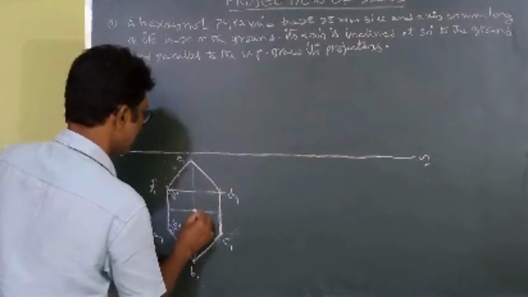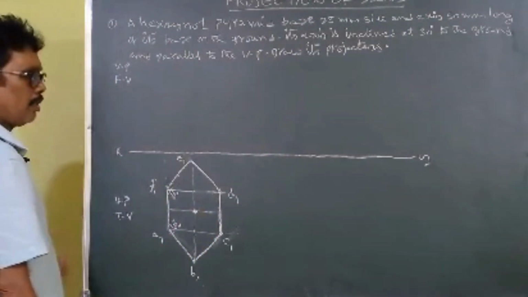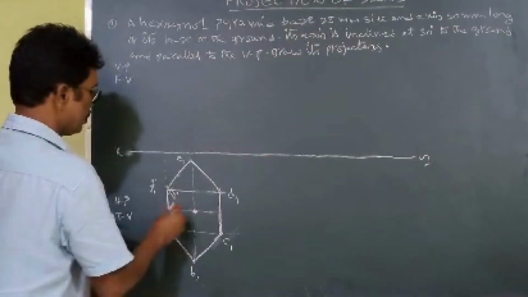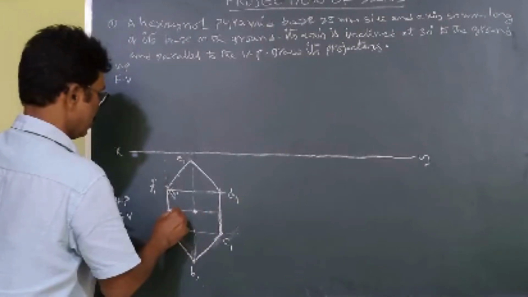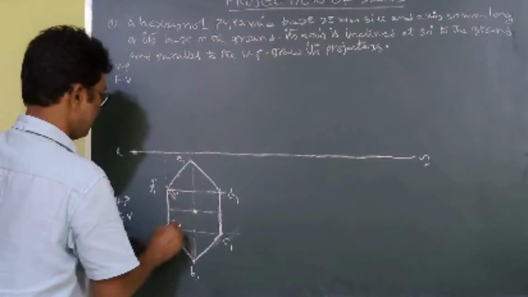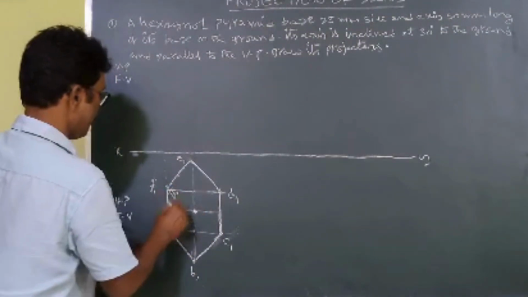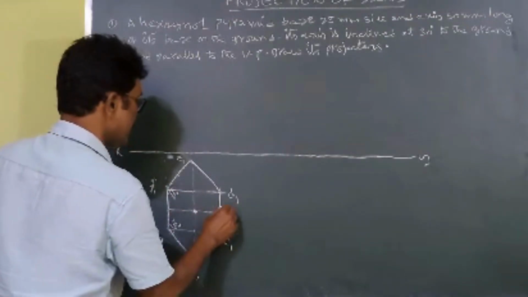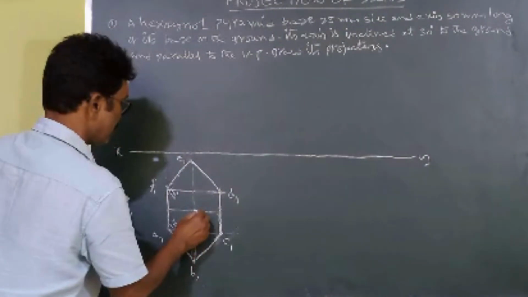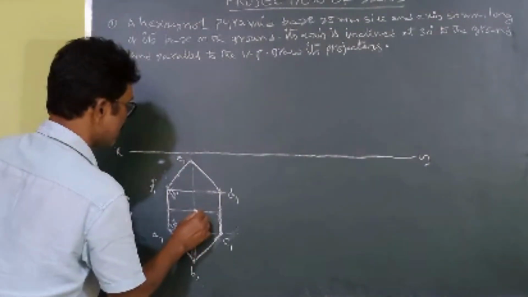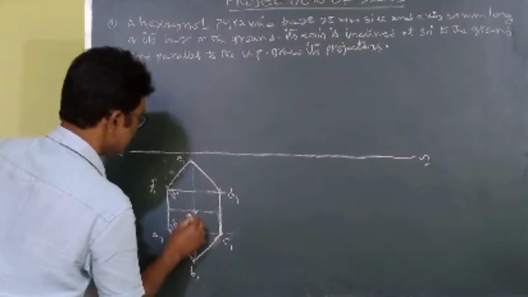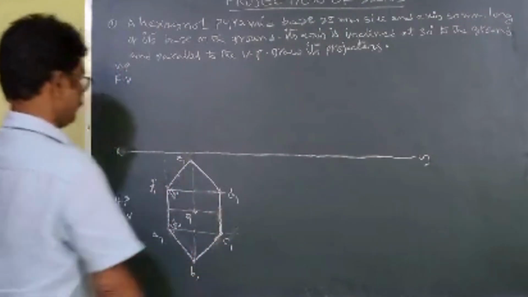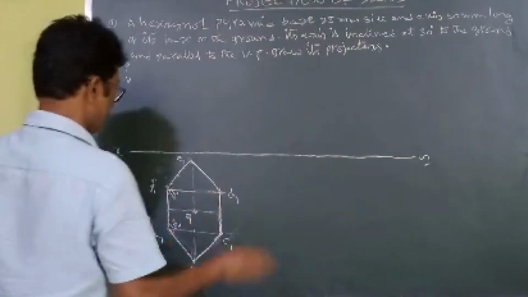You can get the center of the hexagonal pyramid. Simple. You draw this vertical line, bisect here, and draw a line bisecting A1 and F1. It is extended to intersect this line. Where these two intersect, this point is the apex. Let us say this is O1. Now this part is over.